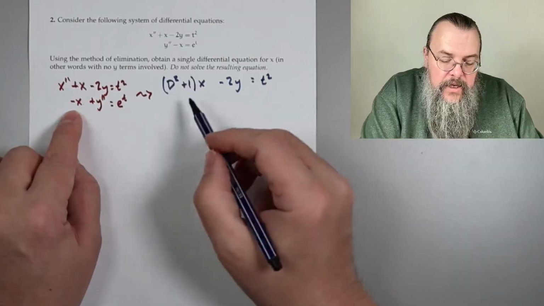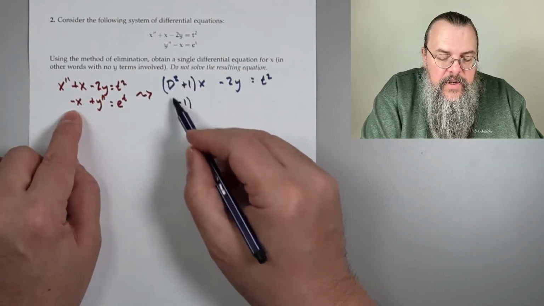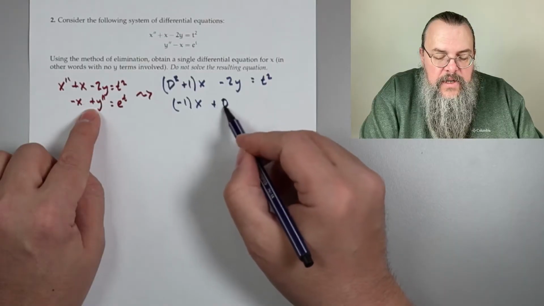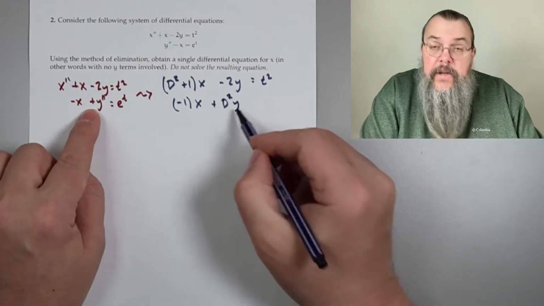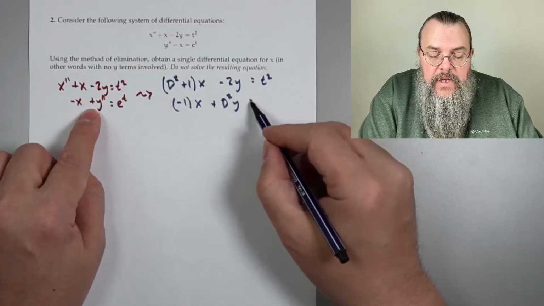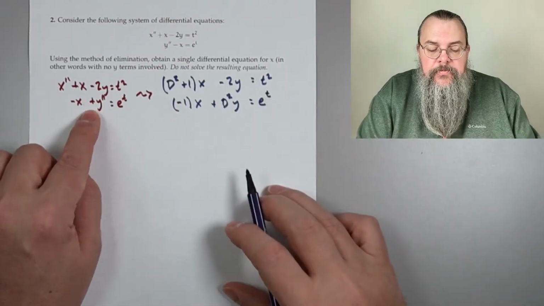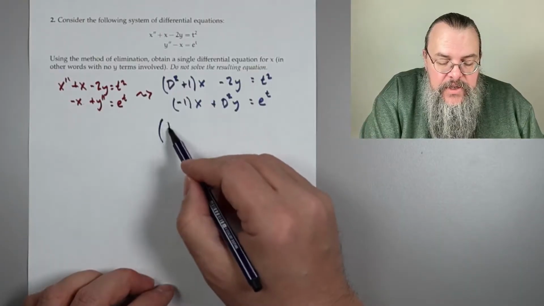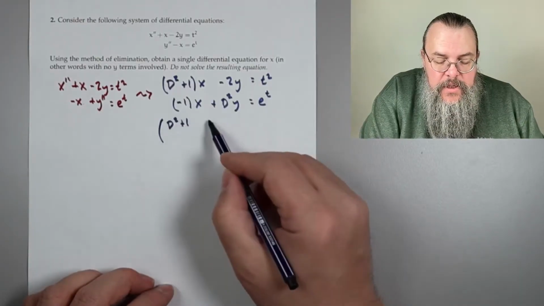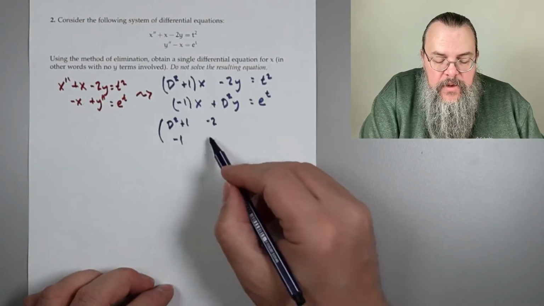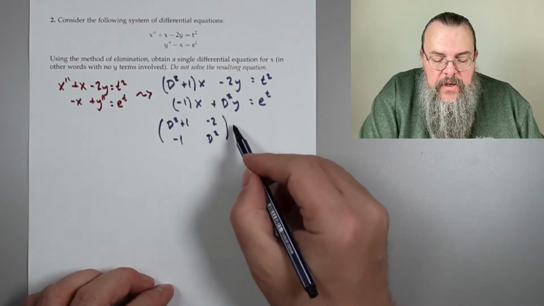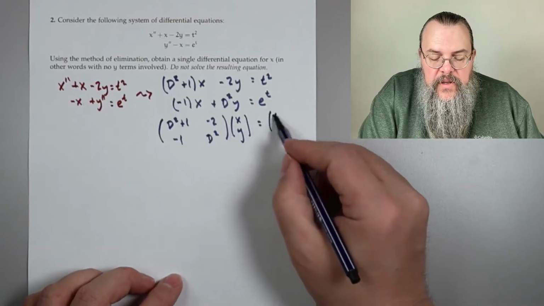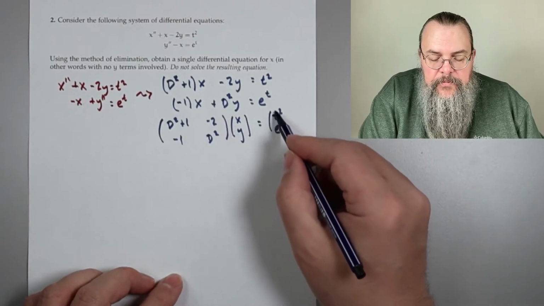Now here, again, we can think of this as minus 1 times x. And, well, we have our d squared y, because it's second derivative. And we get e to the t. All right. As matrix notation, this is d squared plus 1, minus 2, minus 1, d squared, times x, y, equals t squared, e to the t.